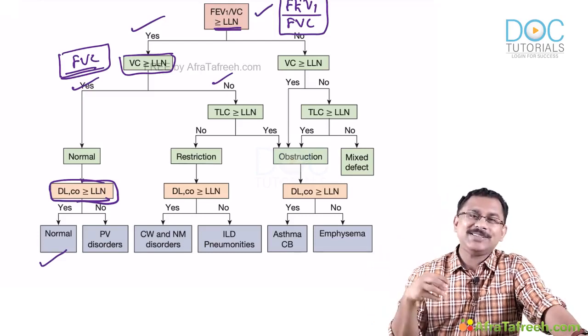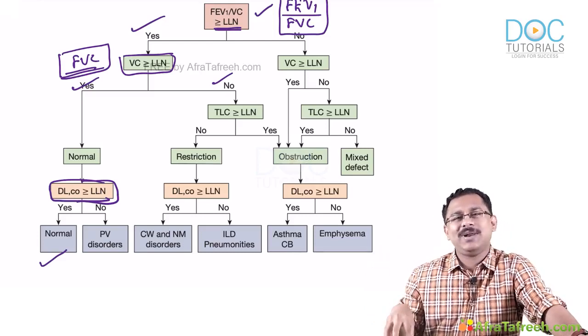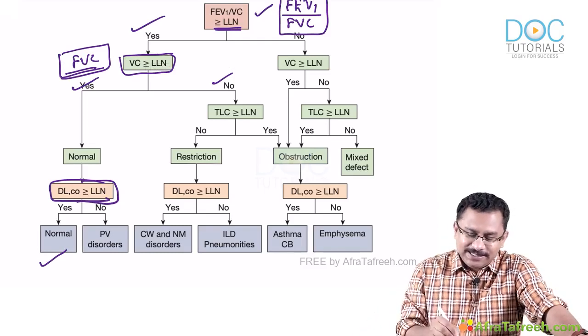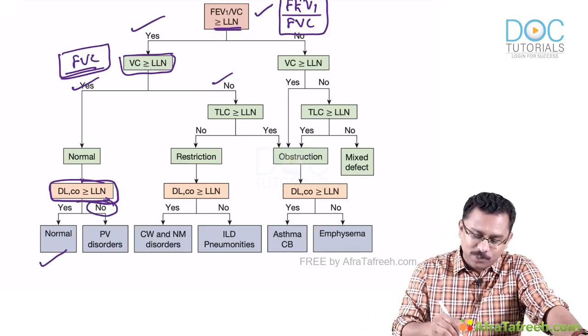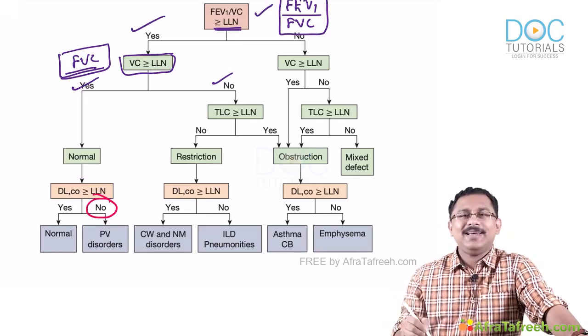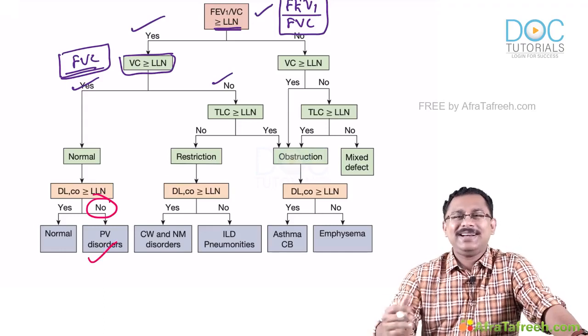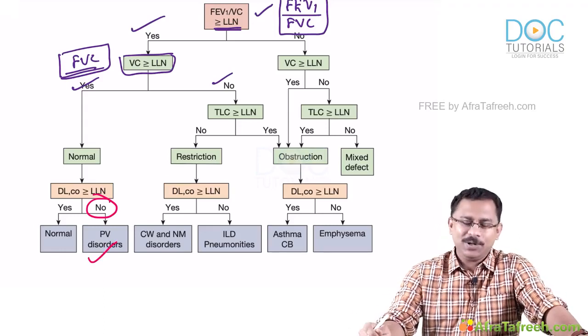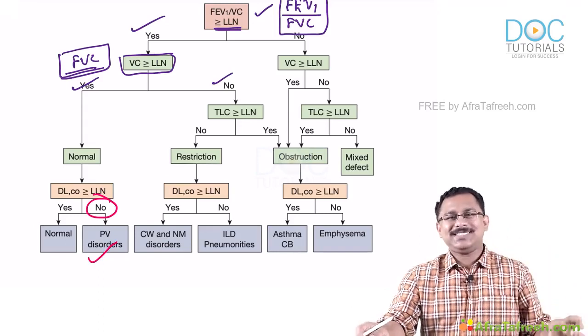If your DLCO is normal, this is probably a normal individual. But if the DLCO is abnormal, then you are probably dealing with a pulmonary vascular disorder, like a pulmonary embolism. So that part is very clear.